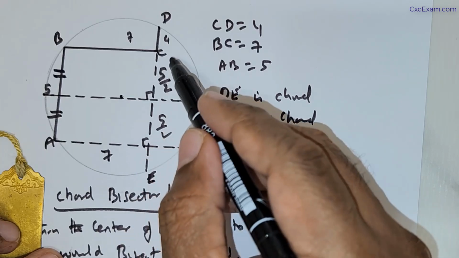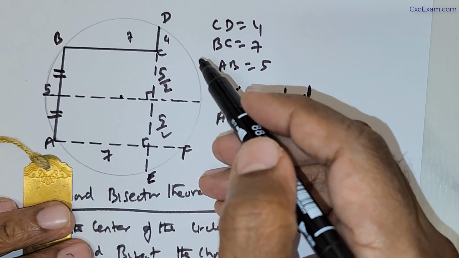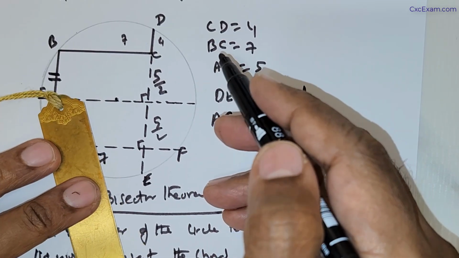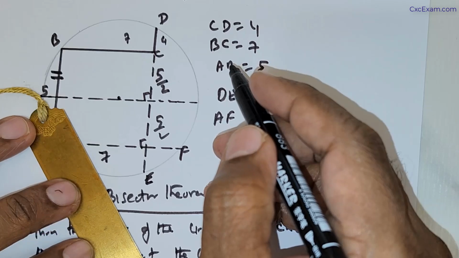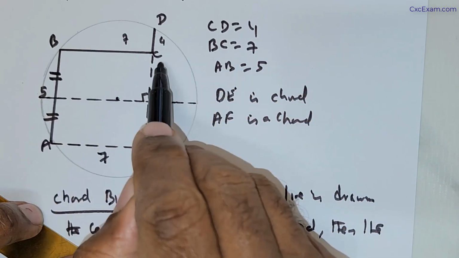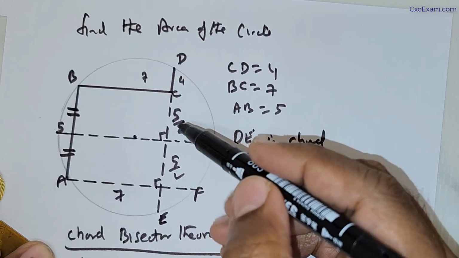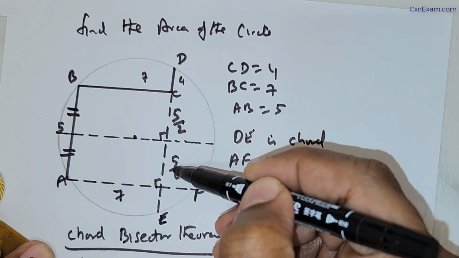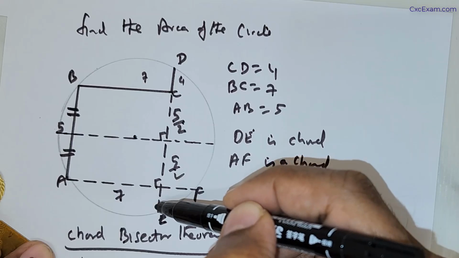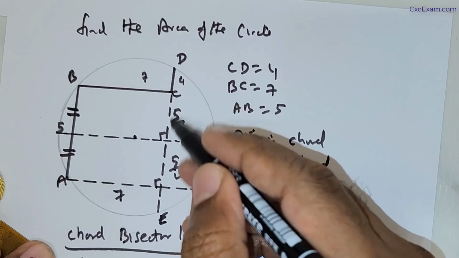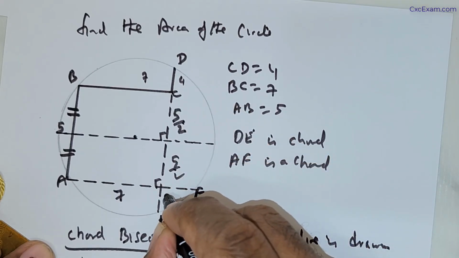Now the next step is, I want to extend this chord BC. Now clearly you can see that this distance is 5/2, this distance is 5/2. Then this distance will be equal to 4.